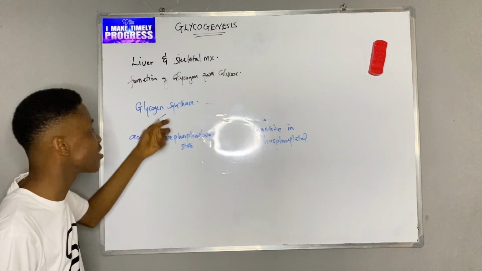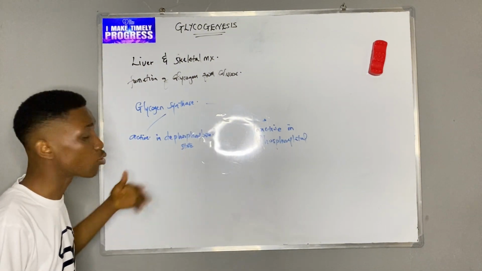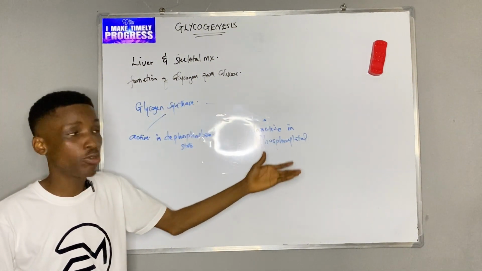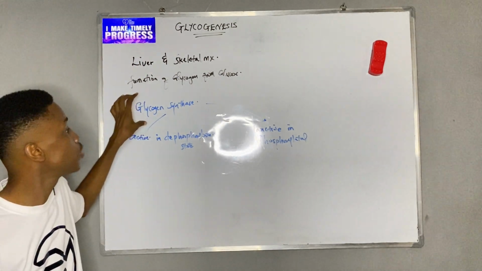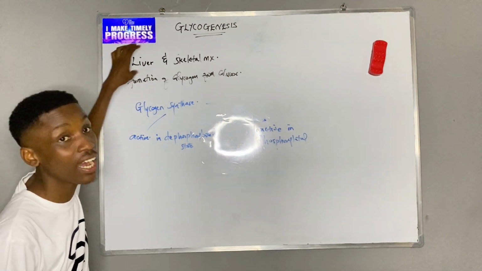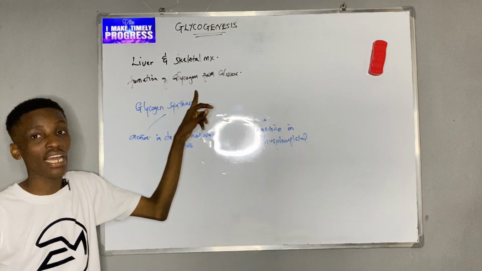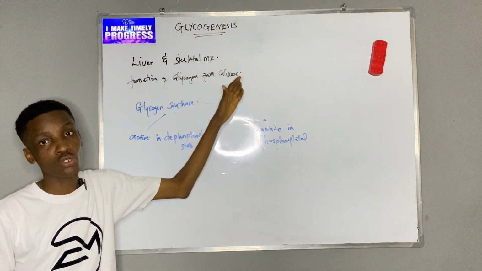So you now realize that is why it is activated. Watch our video on regulation, where I'll dwell more on how it is regulated. But for now, the key enzyme is glycogen synthase. Where does it occur? In the liver and skeletal muscle. What is glycogenesis itself? Formation of glycogen from glucose.